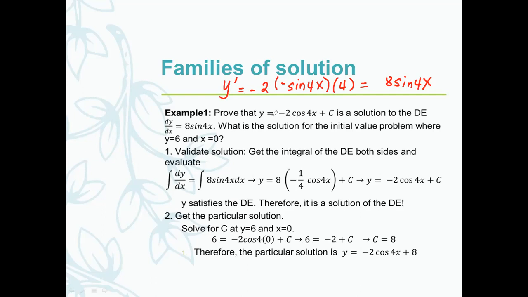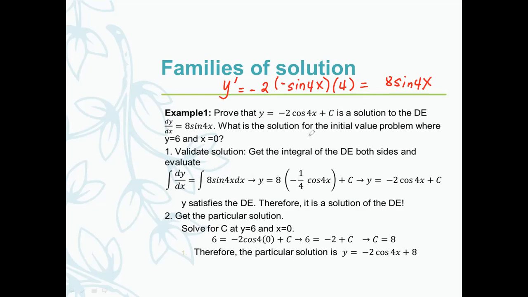It follows then that with the use of the initial condition, we call this the initial condition, we are able to determine the particular solution of the differential equation using the general, also the complete solution of the DE.